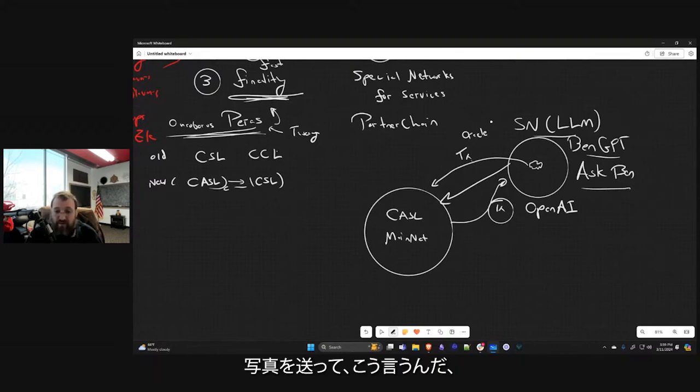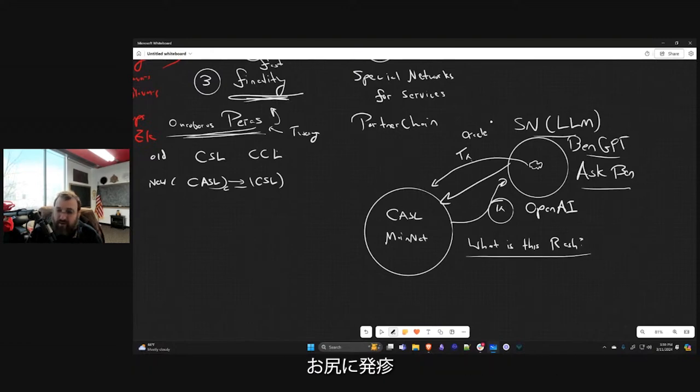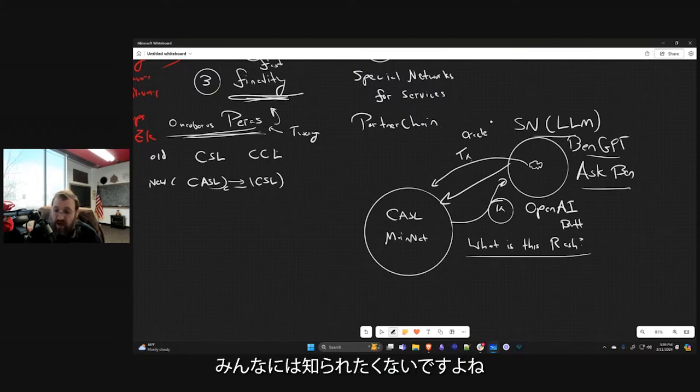So maybe you send a picture over and you say something like, what is this rash? Do you want that being known by every single person in the entire Cardano ecosystem, that rash on your ass, the butt rash? Is that something that you really want everybody to see? Well, maybe there's some perverse weirdos out there, but maybe, just maybe, you don't want the whole world to know that you have a rash on your ass.